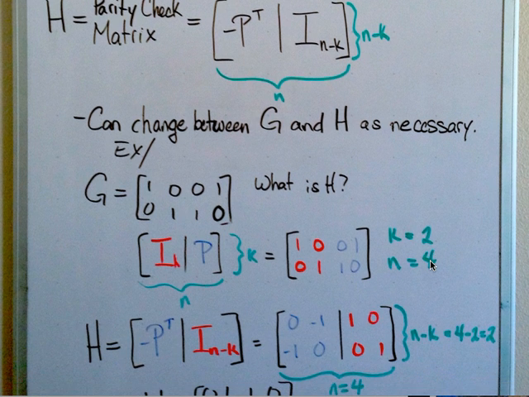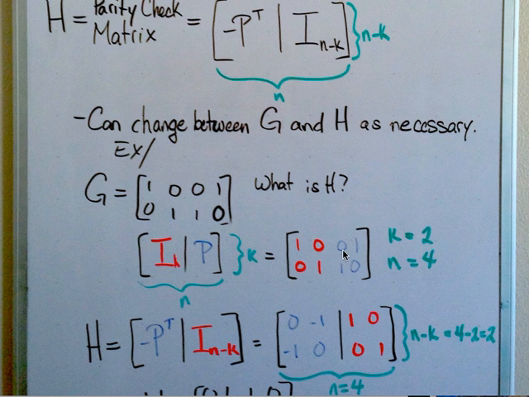So what form does H have? H is negative P transposed, and then the identity matrix that is n minus k square. So what I did was I took the negative P transposed first. Over here we have P, normal P. Remember from linear algebra that when you transpose a matrix, we take what is the first row and make it the first column.